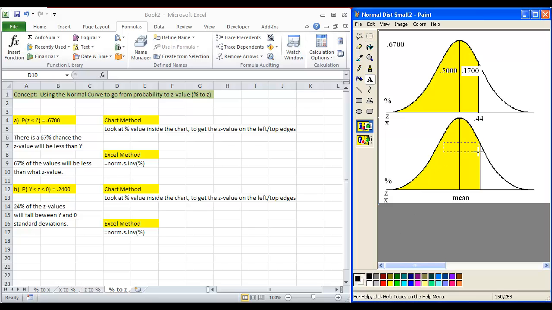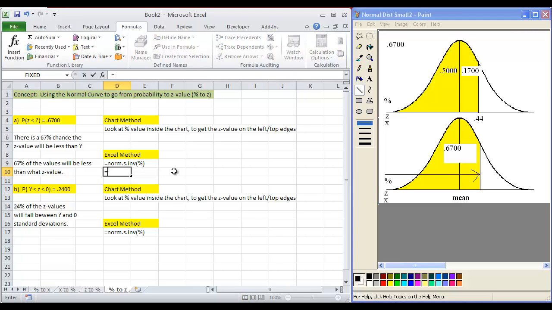Helps when you actually type it. So 0.6700. All right. Well, the interesting thing about a z-score in Excel is that it always goes from negative infinity up to the value we're looking for. So the value we need to put in, the highlighted area, we're going to need to put in 67%. So equals norm.s.inv. Put in 67%.